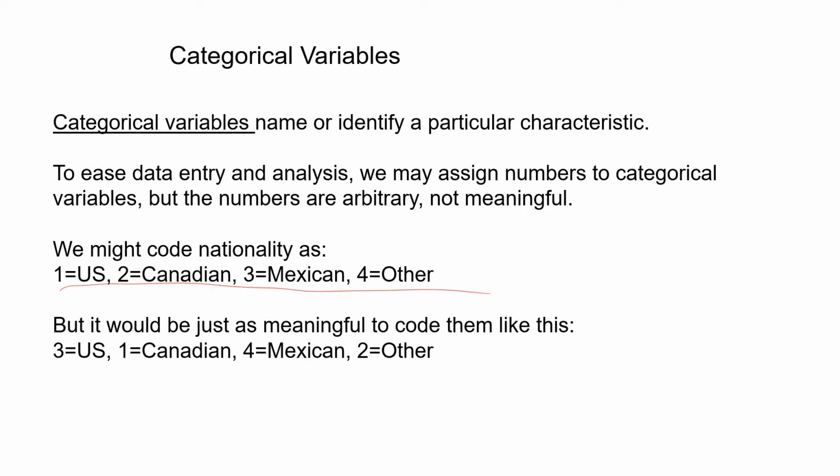Now, let's say we were coding these categorical variables and we had US, Canadian, Mexican, other, and we counted how many applied to each. Then we could compare them, saying other has the most in our data set, US has the second most, Canadian the third most, Mexican the fourth most.